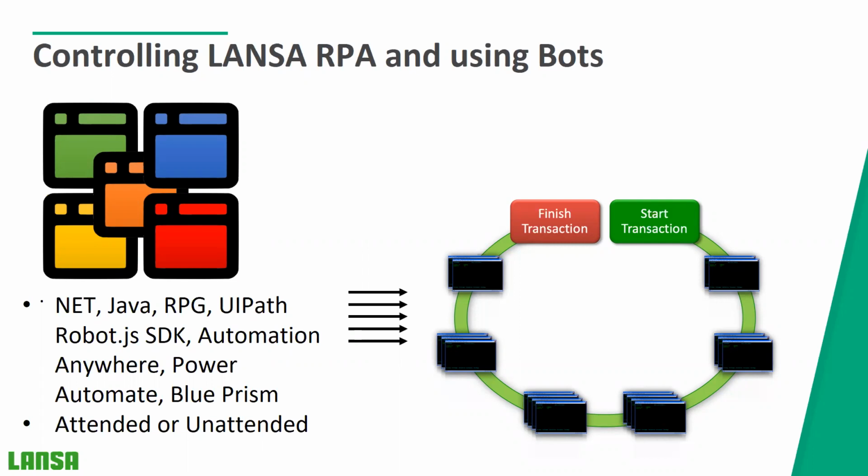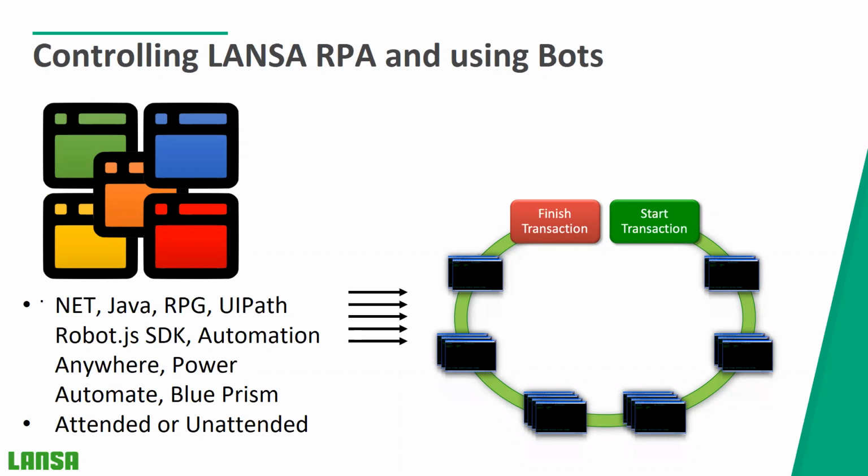UiPath has a robot.js SDK, which allows you to script JavaScript, which is our technology for controlling 5250 screens, and control that from the UiPath software itself. We can interface and be controlled by Automation Anywhere. Microsoft now has its own RPA software called Power Automate, and there's another one called Blue Prism.